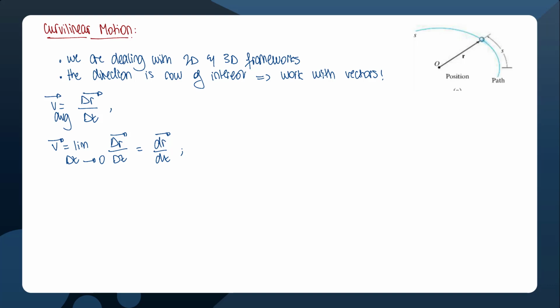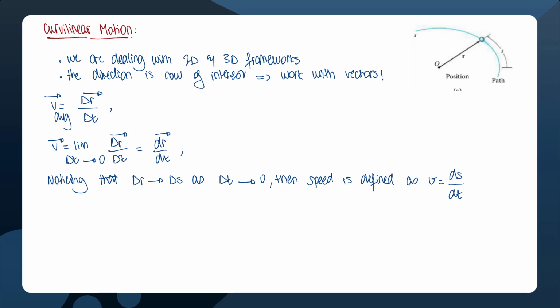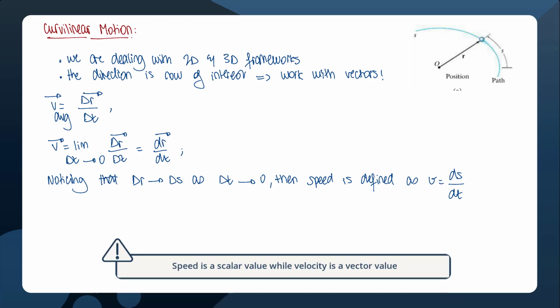Now noticing that delta r tends to delta s as delta t tends to 0, as you can see on the image on the right, then the speed is defined as v is equal to ds over dt. So we're able to replace dr by ds, which is now a scalar. So remember, speed is a scalar value, while velocity is a vector value.